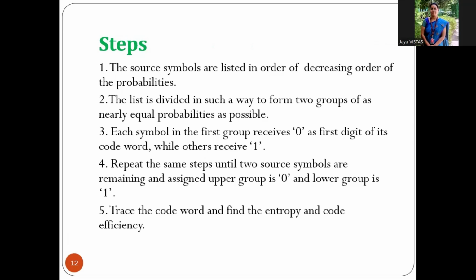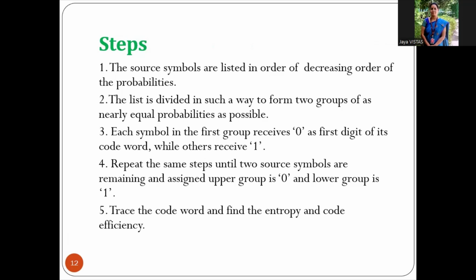Okay. So once more we can summarize. The first step is to arrange the probabilities in decreasing order. Then the symbols are divided into two groups, with the condition that the total probability of each group is nearly equal. Then we assign 0 to the uppermost group and 1 to the lower one. Then repeat the above steps until two symbols are left in the group. Again, we assign the last two symbols: the upper one is 0 and the lower one is 1.